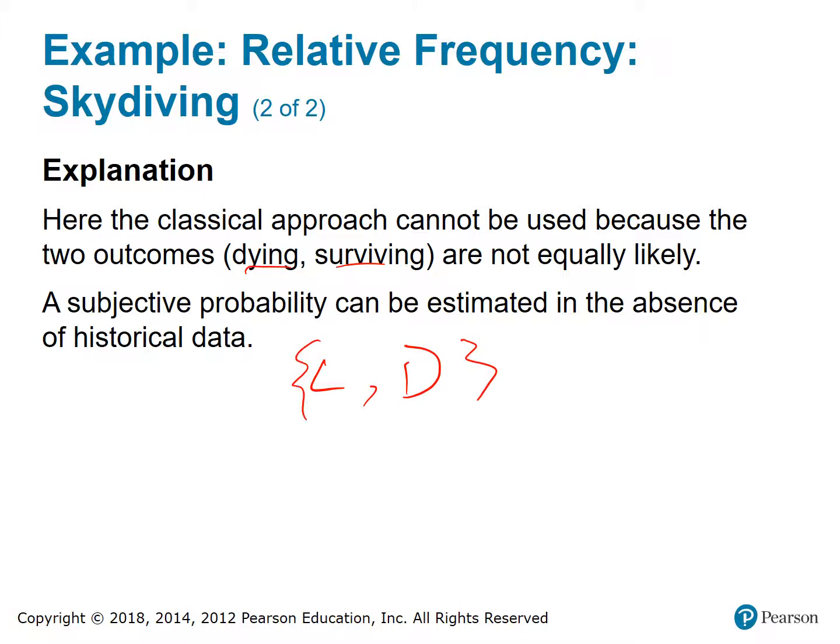And so if you use the classical approach to determine your chances of living or dying, you would go, okay, there's two outcomes, and so the probability of dying is 1 out of 2, which is 0.5, which does not accurately predict what actually happens. Okay.